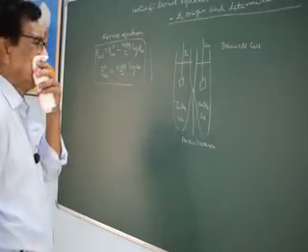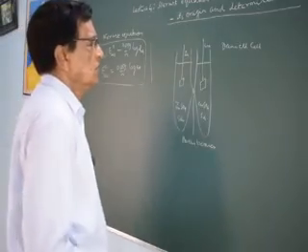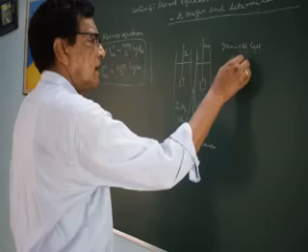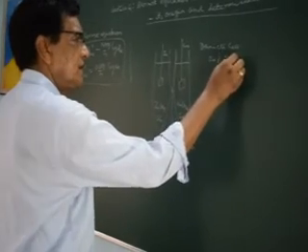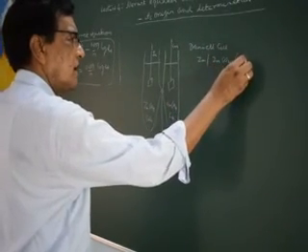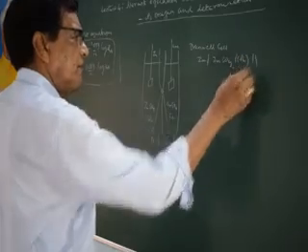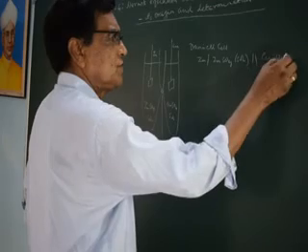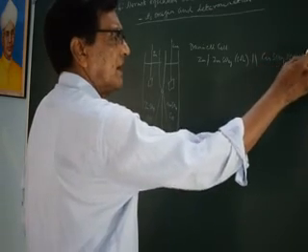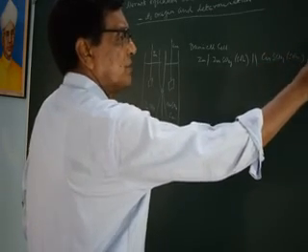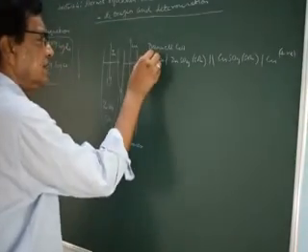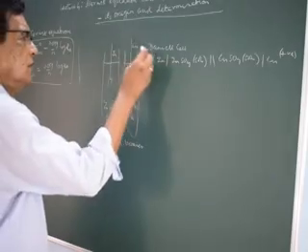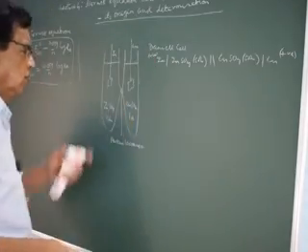Very popular, and its representation we know: zinc, zinc sulfate solution, salt bridge or porous barrier, copper sulfate solution and pure copper. This is the positive electrode, and this is the negative electrode.